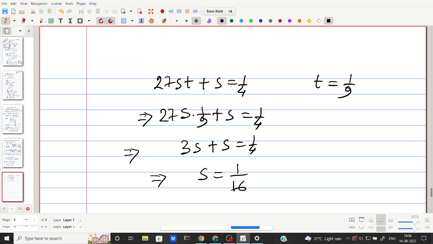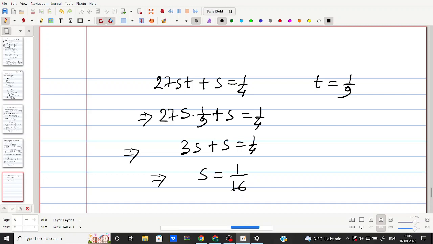I already know the value of s and t for this particular x and y. The values of x and y are given as 1/4 and minus 1/9. So I already found s and t from these two relations. Now I will put it here because I know u in terms of t and s only, not in terms of x and y.